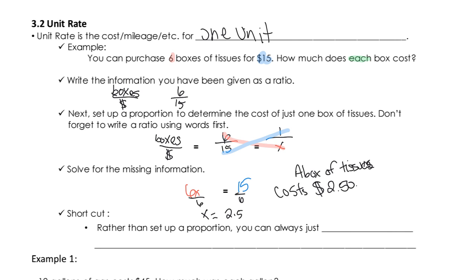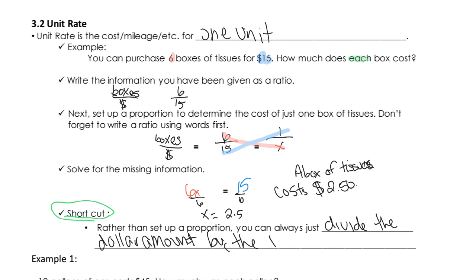So what we did is we set up our proportion. But here we go. Rather than set up a proportion, you can always just divide the dollar amount by the number of units or items.